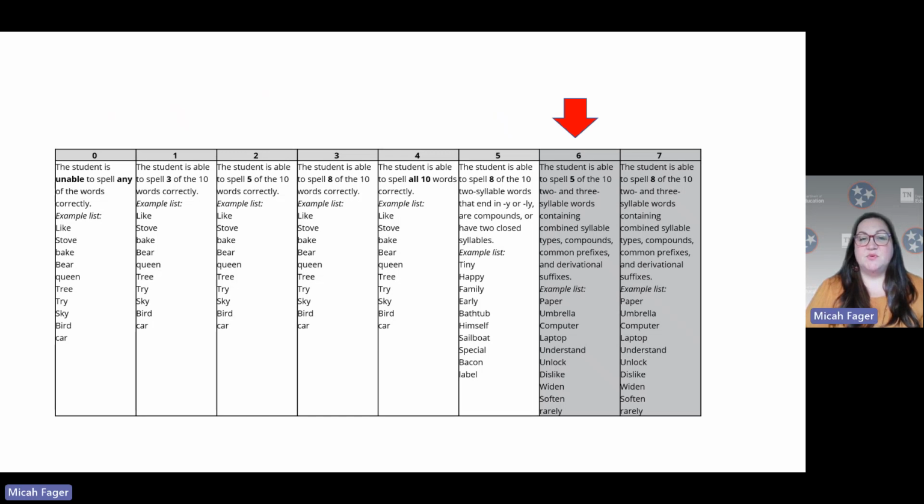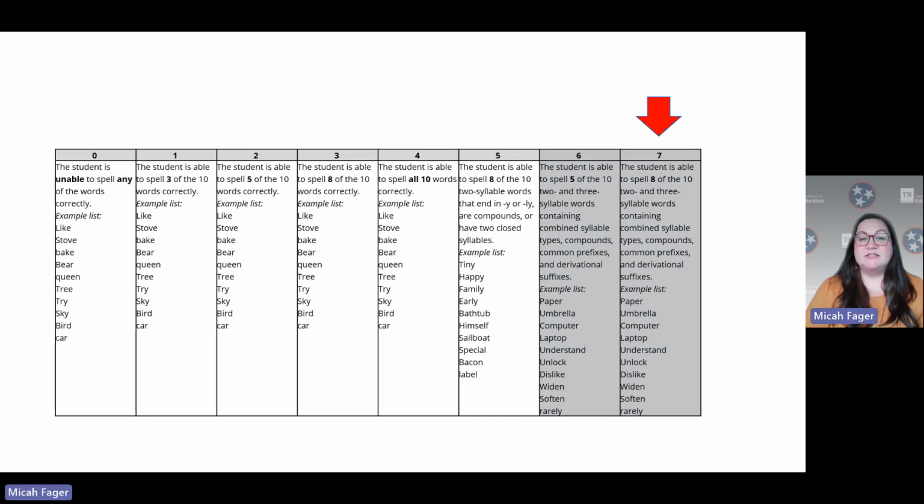If the student is able to write 5 of the 10 two and three syllable words containing combined syllable types, compounds, common prefixes, and derivational suffixes, then the student work receives a level 6. If the student is able to correctly write 8 out of the 10 two or three syllable words containing combined syllable types, compounds, common prefixes, and derivational suffixes, then the student work receives a level 7.